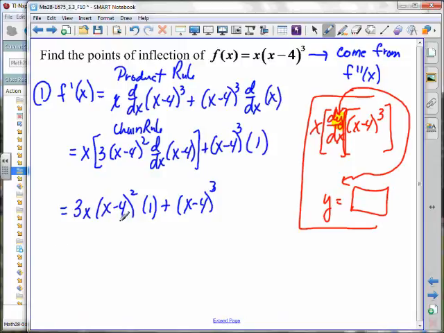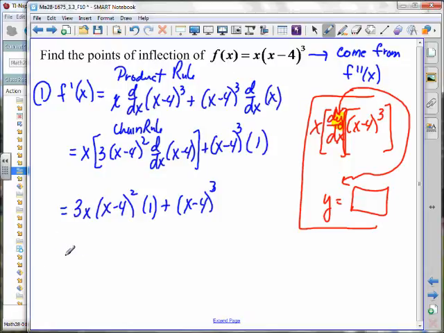So, here again now, what are we going for? Are we looking for extrema? Doesn't say, okay? You can go ahead and do that if you wish, but it's not asking for extrema. If we wanted extrema, we would have to stop and take the zeros of this. But we're looking for points of inflection, and that comes from the second derivative.